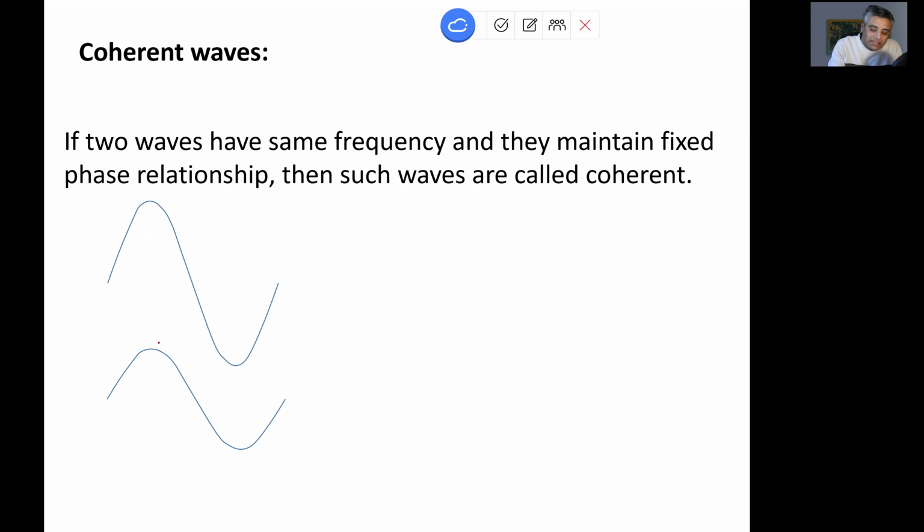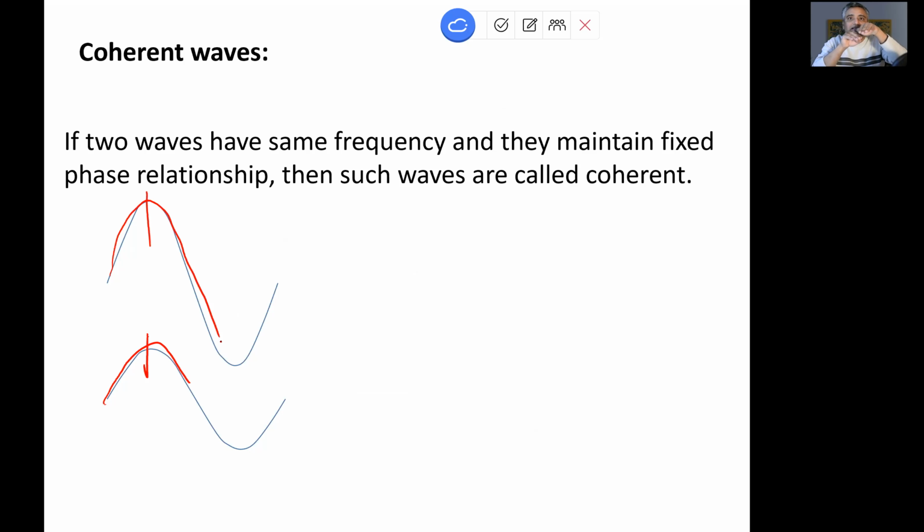What I see here is that when one is going up, the other one is also going up, synchronously, okay? When that happens, we say they are on the same page. But for example, if this was going up, and at the same time this was going down, that means those two are in opposite phase.